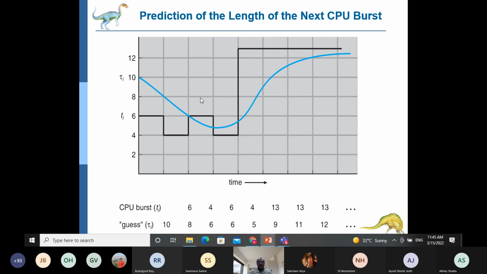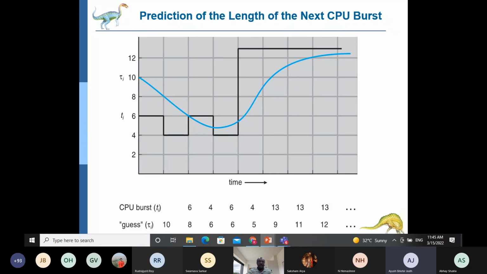Likewise you can see this is the predicted one and this is the actual one, and the predicted one just follows the trend of the actual one. This way you can predict the CPU burst in the next slot, and based on that you can carry out the scheduling.